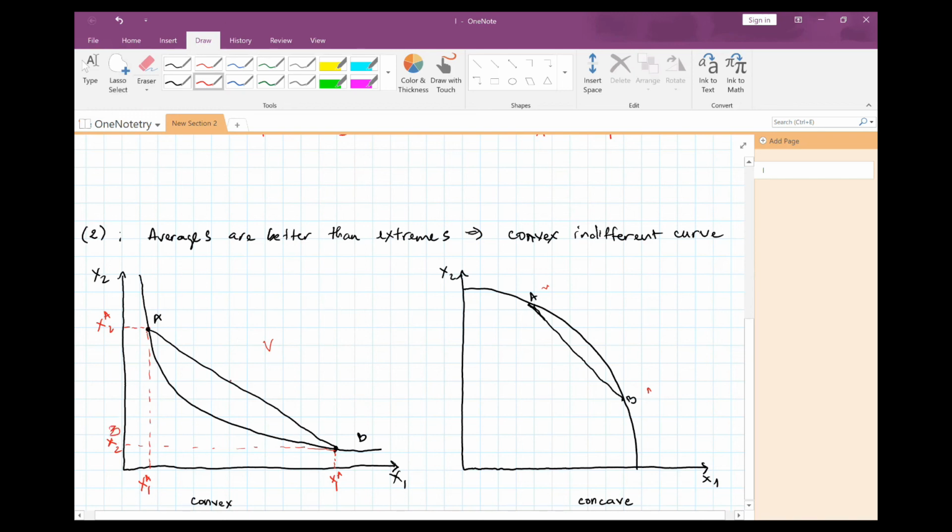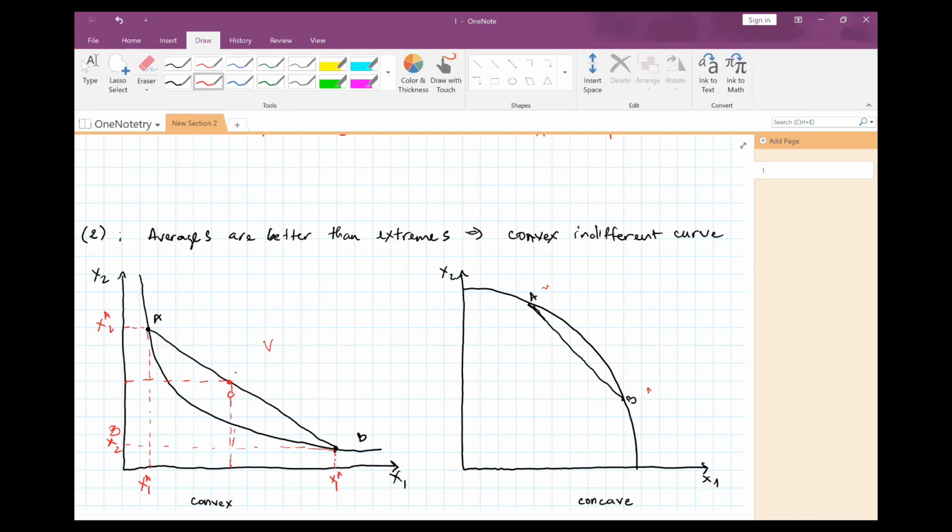On the other hand, if you have here a point C, you have something average of the two, a mixed combination, right? And this point C lies on the right-hand side of the curve, so it's better. And that works for the convex function.